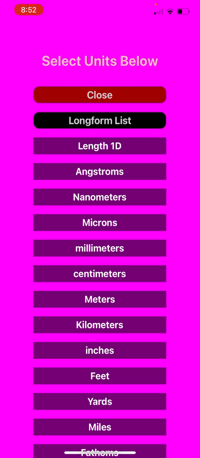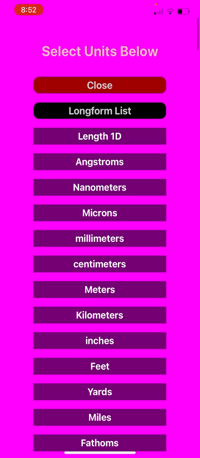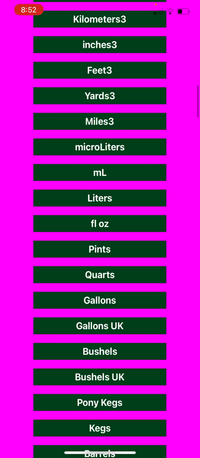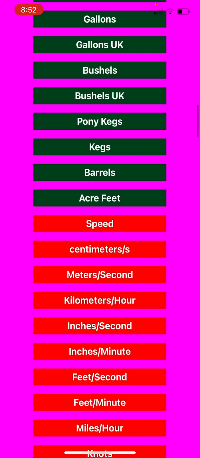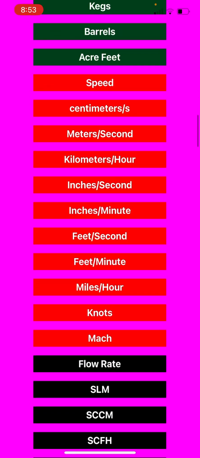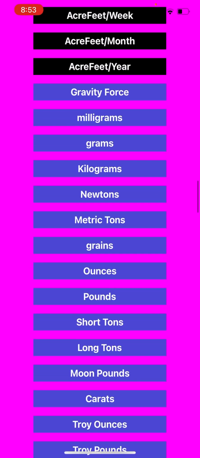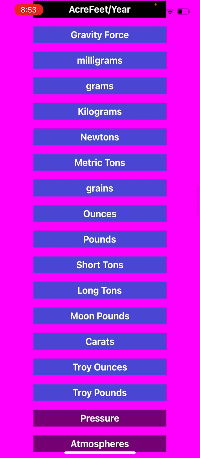Going back to the long form list, you can see we have a very long list going from 1D, 2D, 3D. So volume, area, speed, flow rate, gravity force. We call it gravity force, like for instance, if you're measuring pounds versus kilograms.